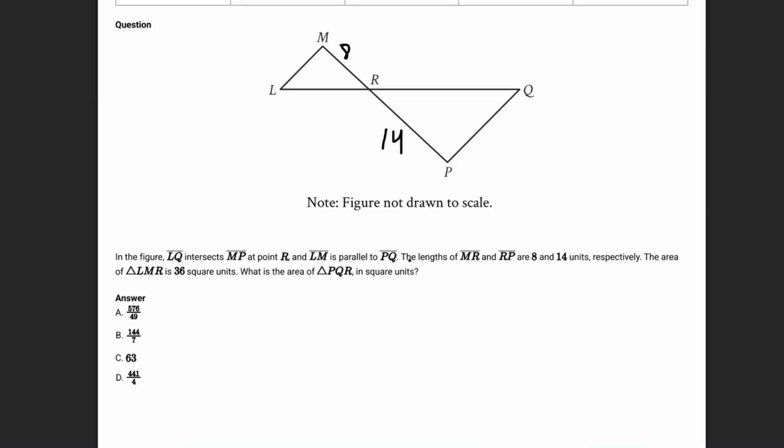These two triangles are similar because they share this angle, so one of their angles is the same.